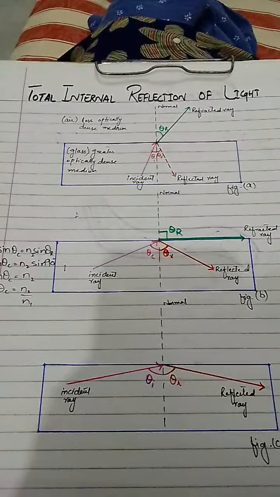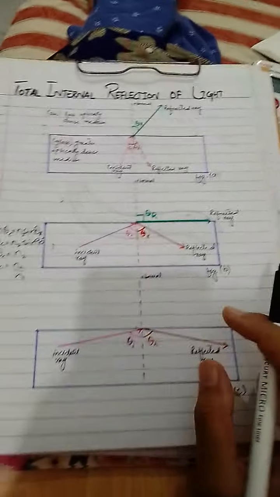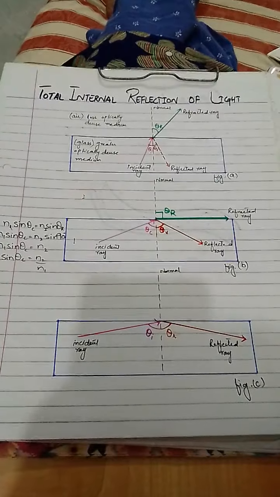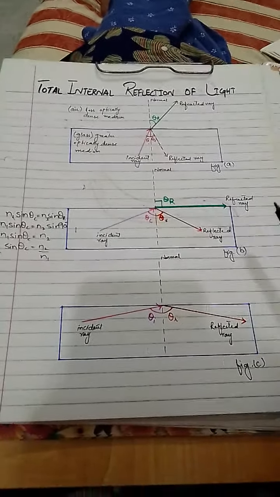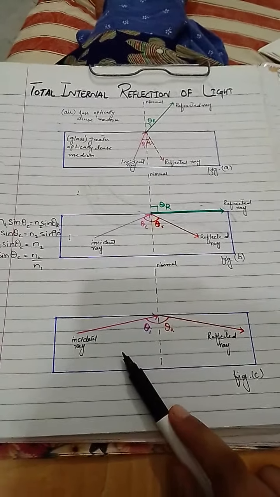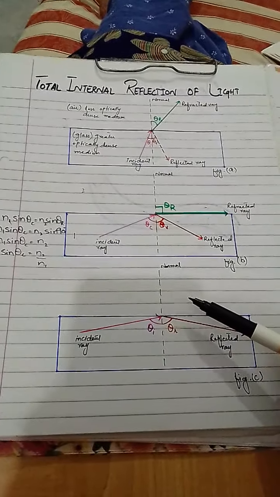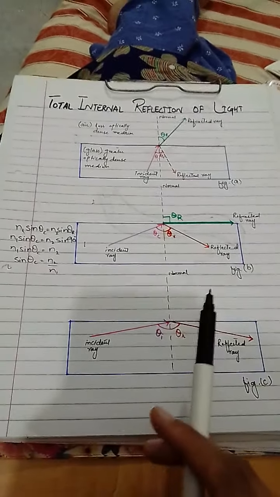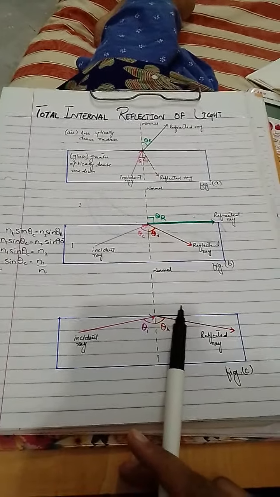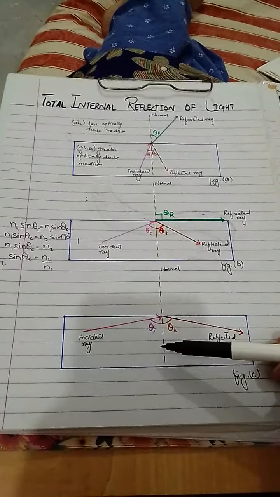These two conditions are, first, that the light must travel from an optically denser medium. What is an optically denser medium? In this case, glass is the optically denser medium. Why? Because in the case of glass, the refracted ray would be moved towards the normal.